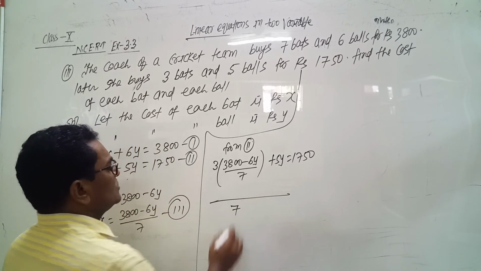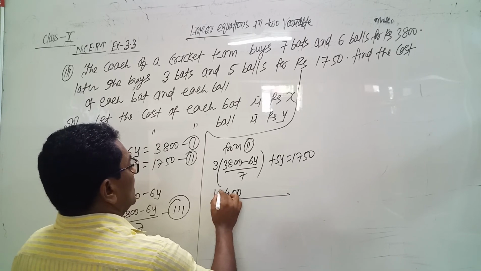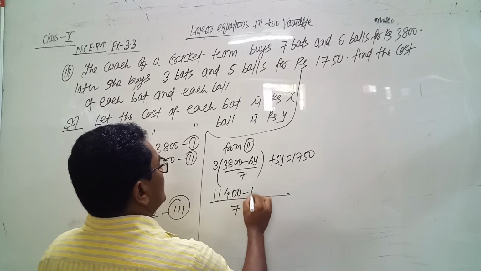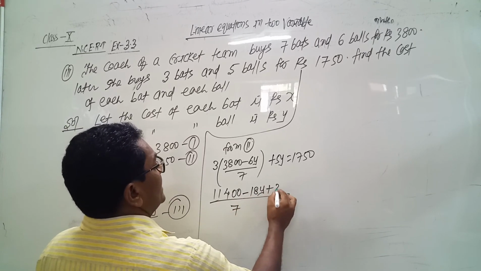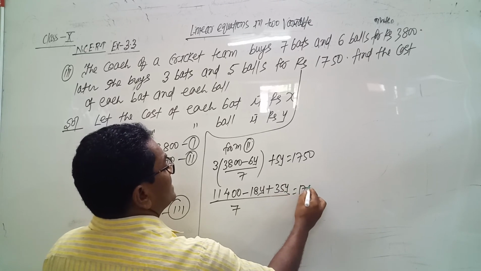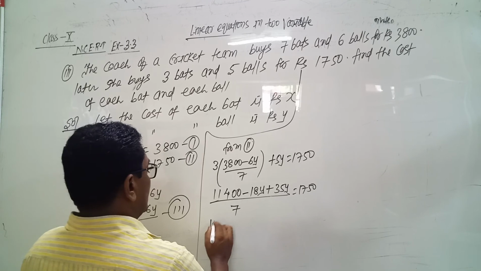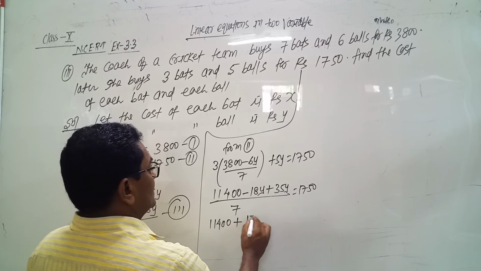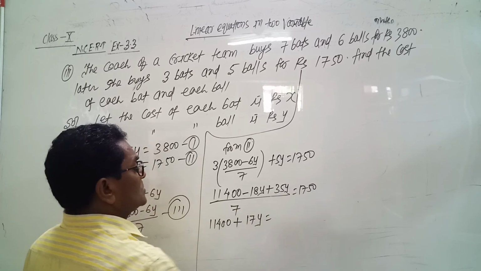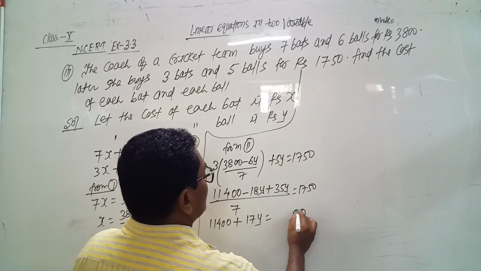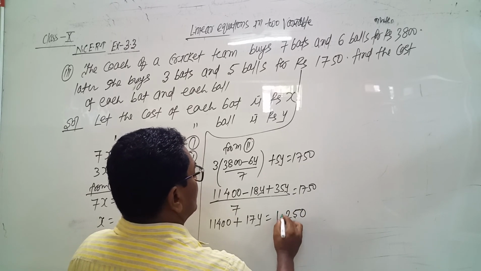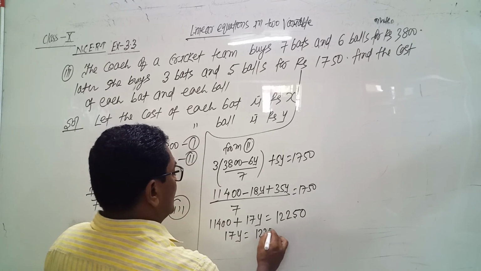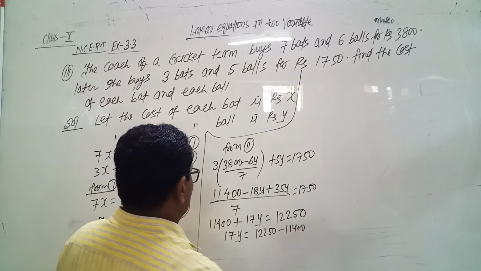So 3800 into 3, 11400, minus 6 into 3, 18y, plus 7 into 5, 35y equals 1750 into 7. 11400 minus 18y plus 35y, this is 17y equals, by cross multiplication we get 12250, and 17y equals 12250 minus 11400.